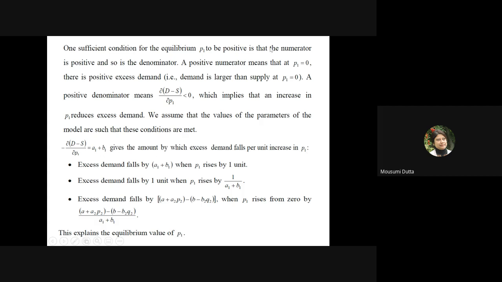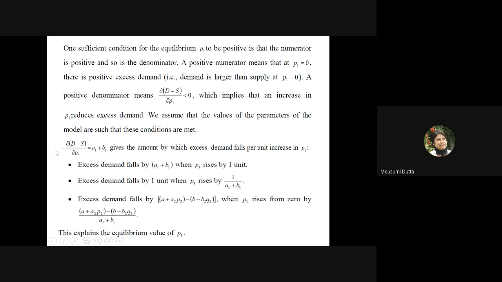Okay, now in this part we considered the change in excess demand. Now I'm also considering the negative sign: minus del (D minus S) by del P1 is equal to A1 plus B1 gives the amount by which excess demand falls per unit increase in price. I'm telling that first, as price is increasing, excess demand is falling.